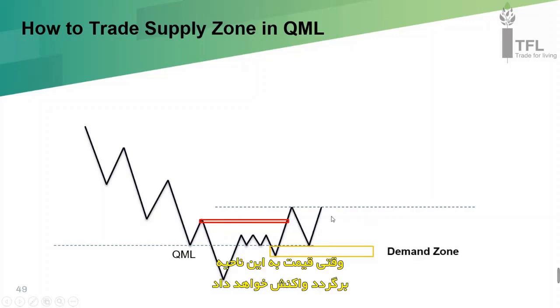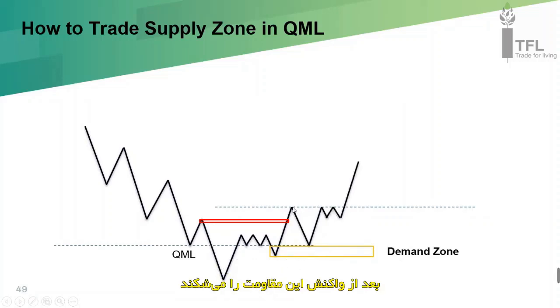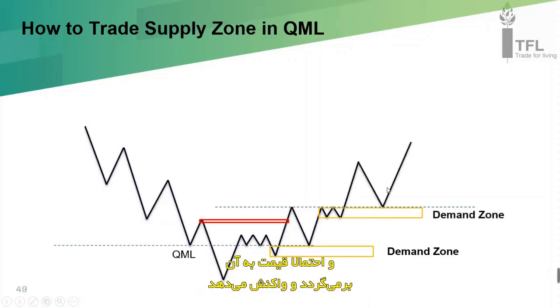So when the price comes back to this area, it will rebound. And when it rebounds and then breaks this other resistance over here, it creates another zone. So this will be our new fresh demand zone. The price will likely come back and then retest.